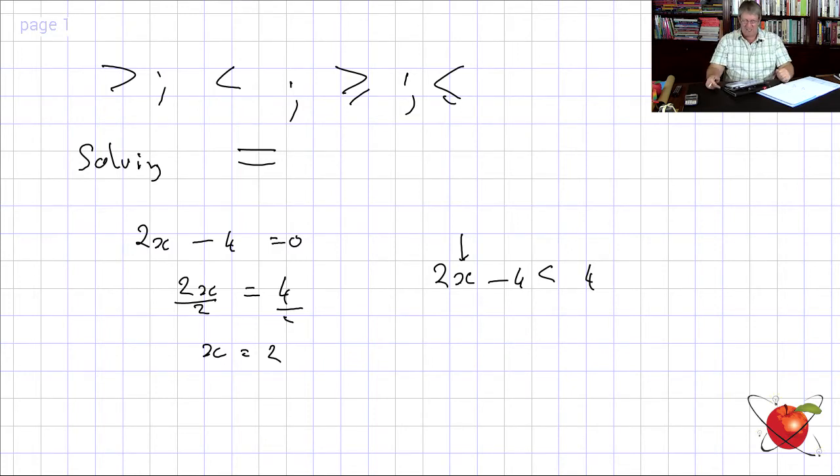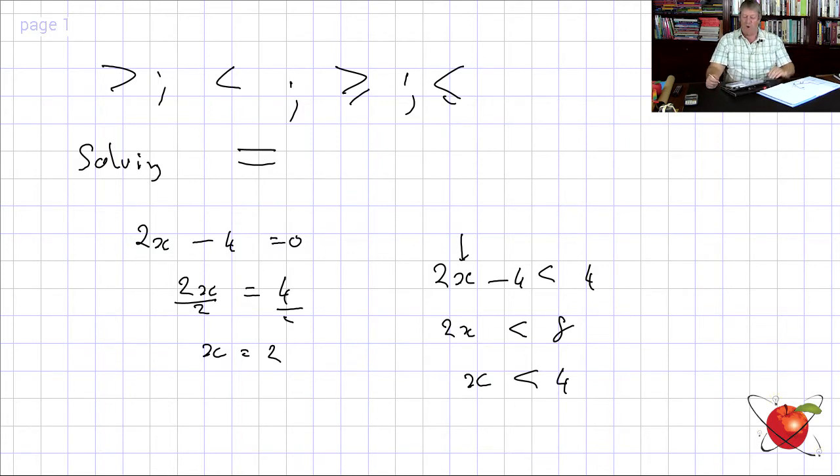Ignore the inequality sign first off. So let's pretend it's equal to. We do exactly the same: 2x less than, the 4 goes over, and it becomes 4 plus 4, which is 8, x less than 4, right? So, in other words, any number where x is less than 4.